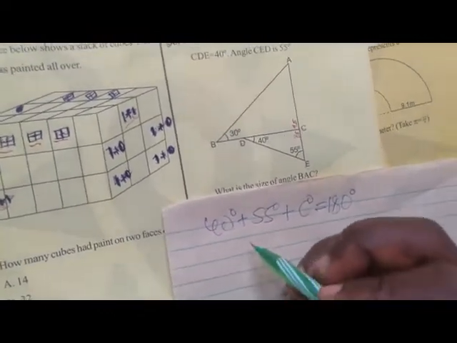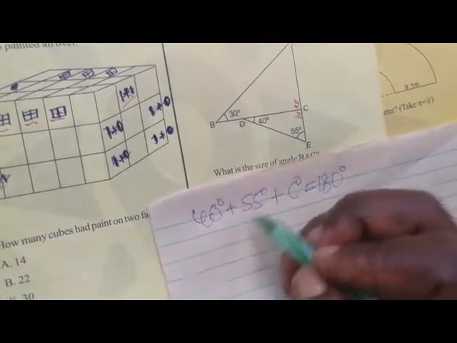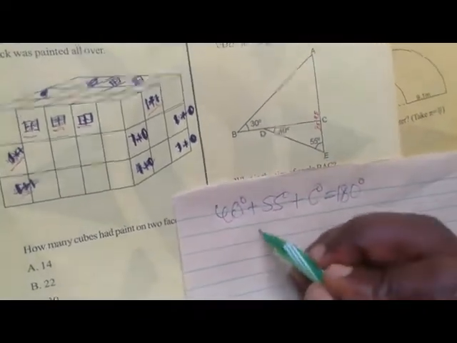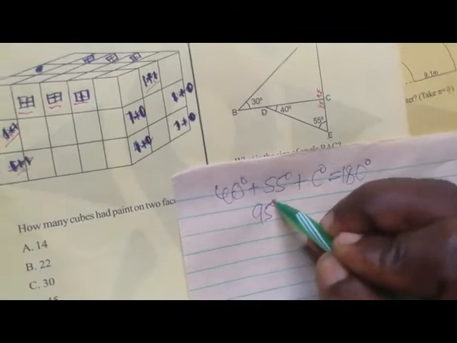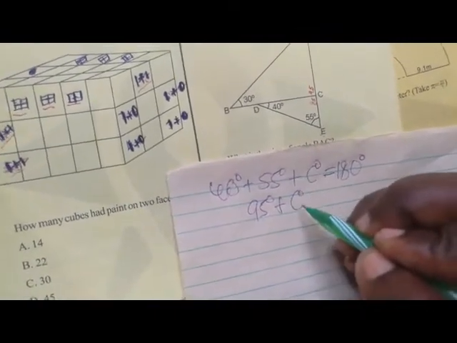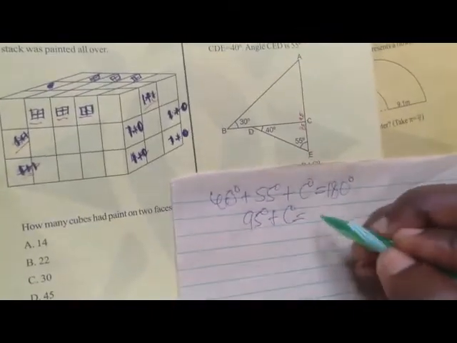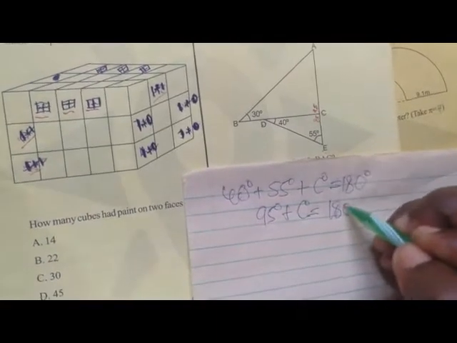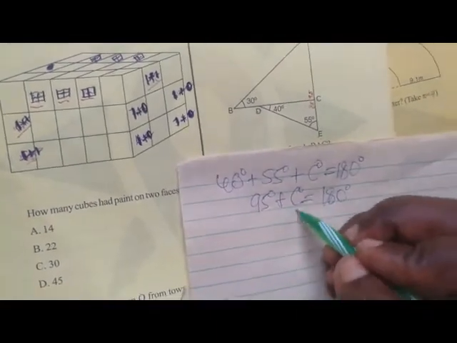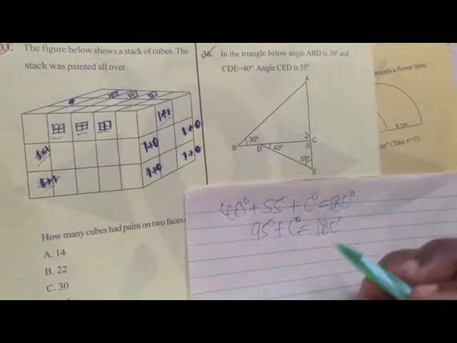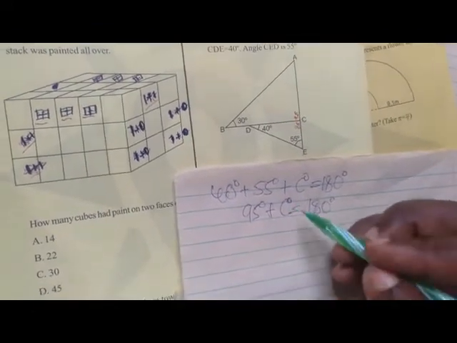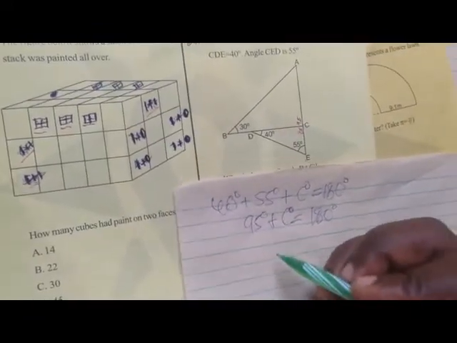Therefore 40 plus 55 gives us 95 degrees, plus angle C equals 180 degrees.